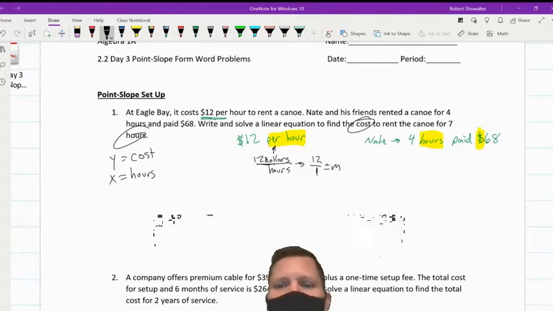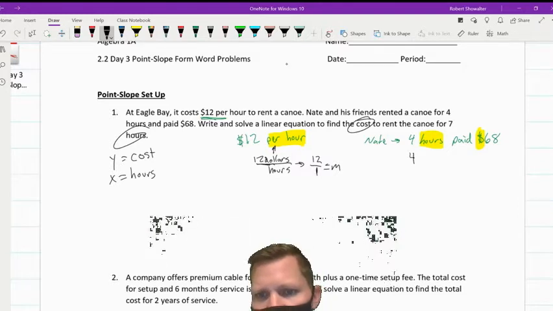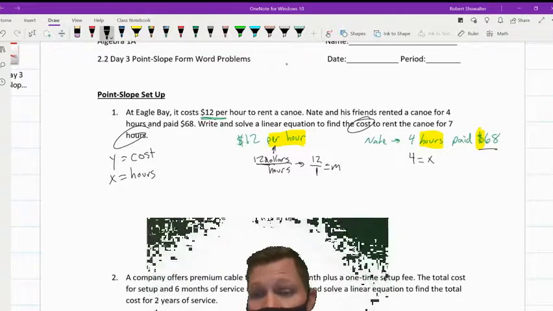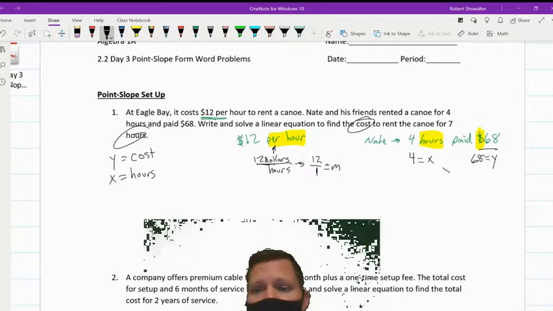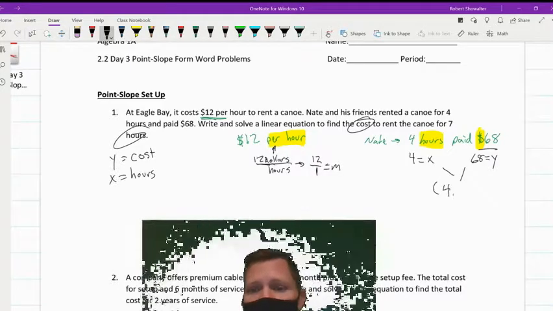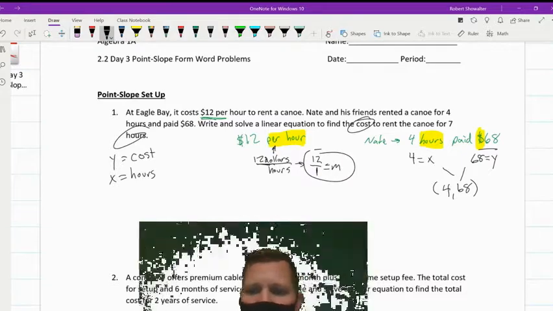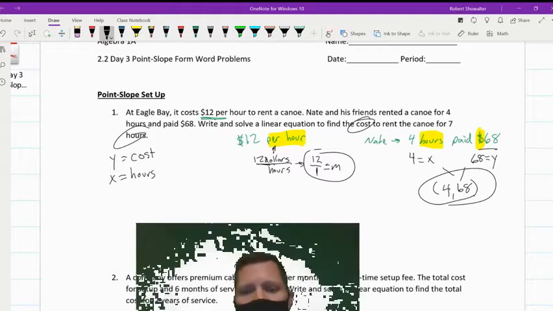Okay, so again, now if we go back to where Nate is, Nate, 4 hours means x would be 4, and $68, that would be your y, and we can turn around and make that into a point, (4, 68). So we have a scenario where we have our m and we have a point, and we can turn around, drop it in point slope form, and go from there.